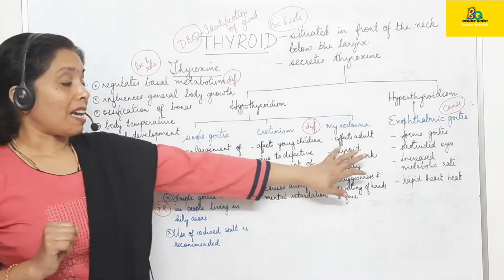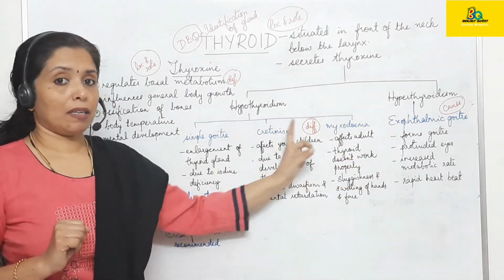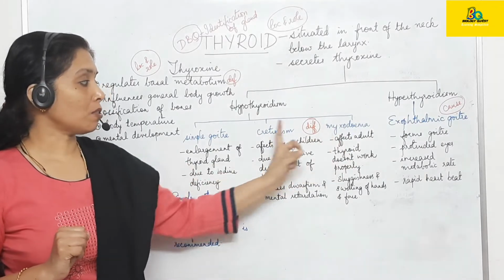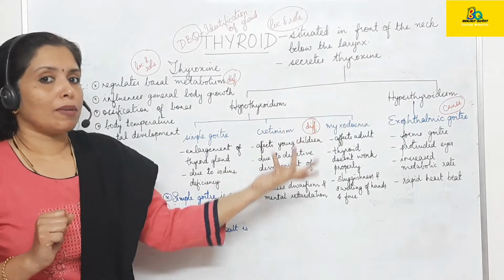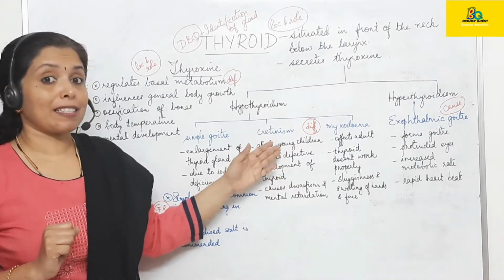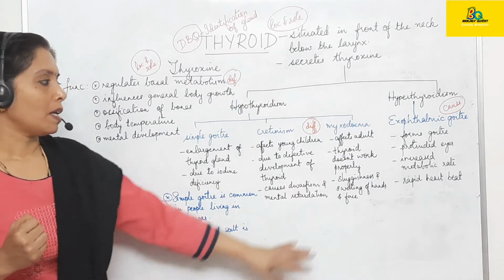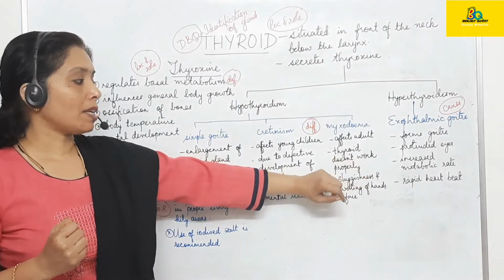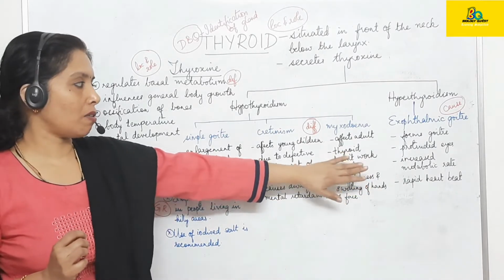Okay, it affects adults. So the basic difference between cretinism and myxedema, you might be asked a question to differentiate between cretinism and myxedema. Who are the ones who are affected? Cretinism affects young children, whereas myxedema affects adults. Now here, the thyroid gland doesn't work properly. That is the cause of myxedema.